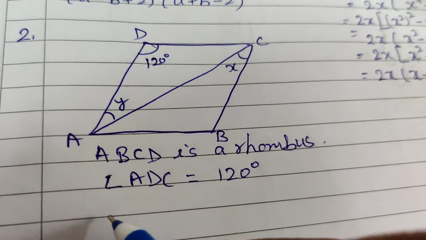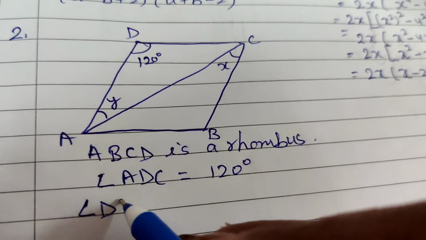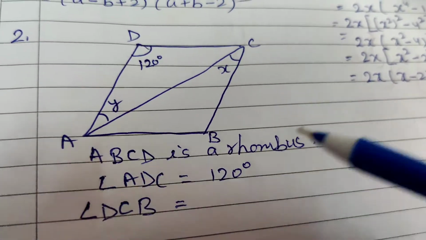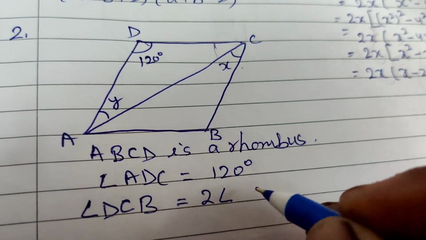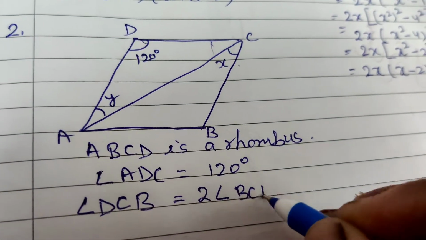Then angle DCB, this angle, equal to 2 times angle BCA.